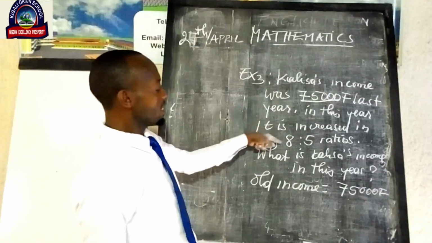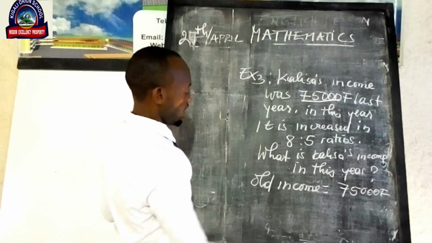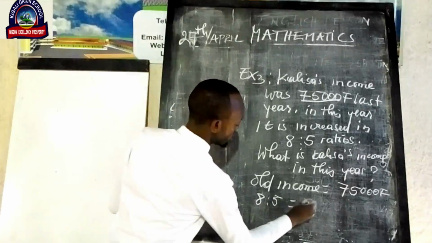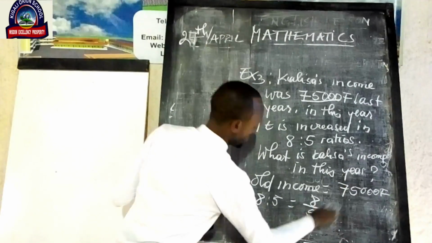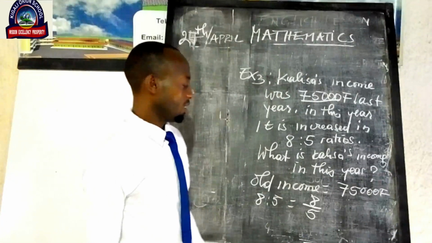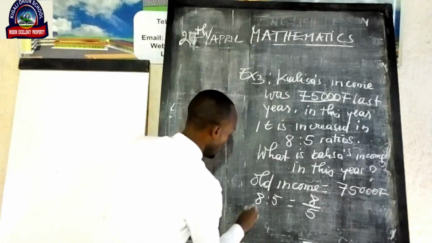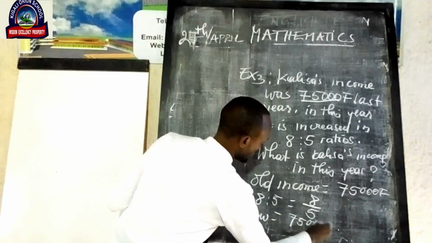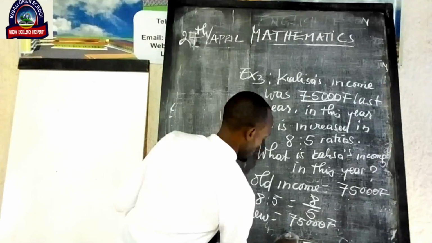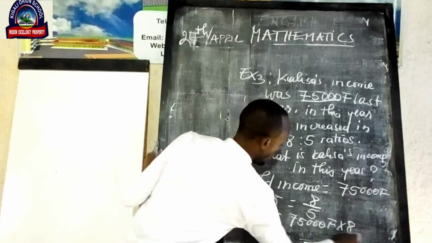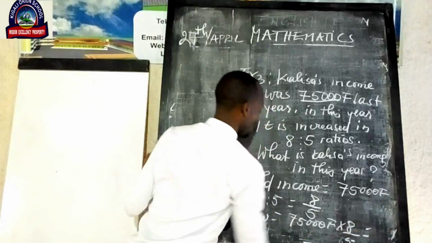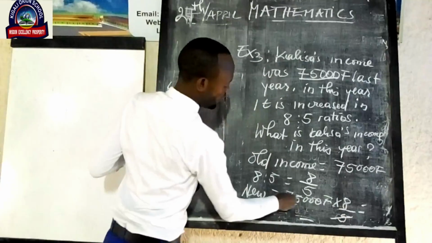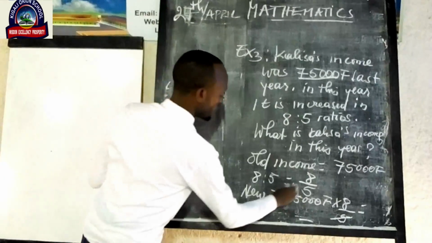Now, it was increased in 8 5 ratios. The ratio of increment was 8 5, which is equal to 8 over 5. How can I get the new income? It is equal to 75,000 francs times 8 over 5, which is equal to, I simplify 75 by 5, up I get 15.